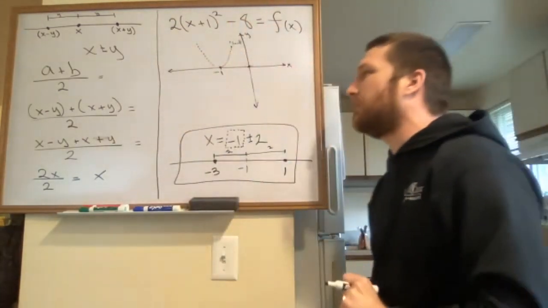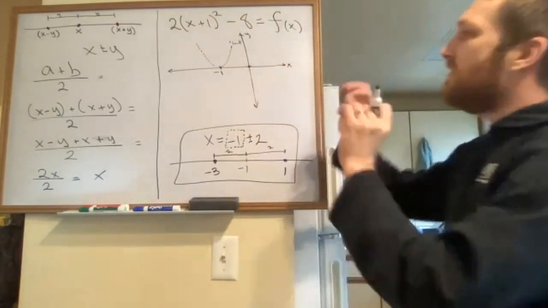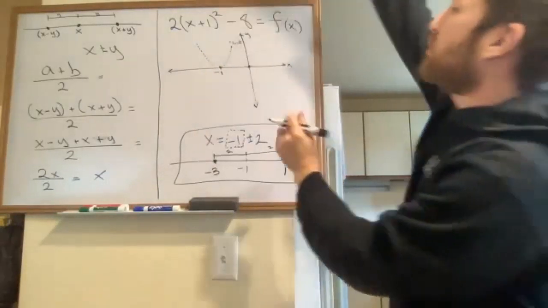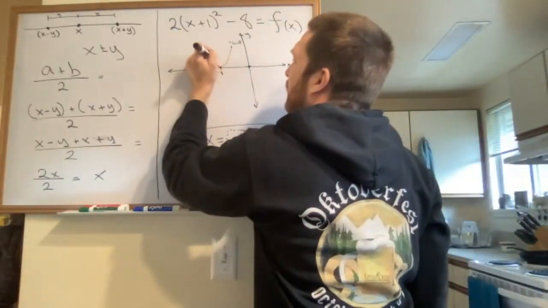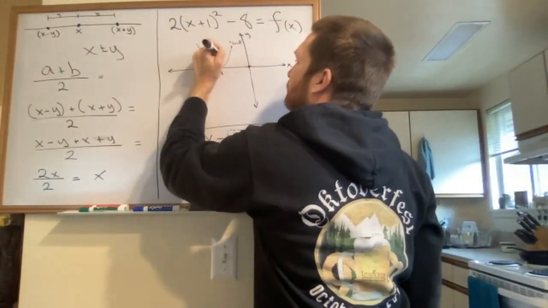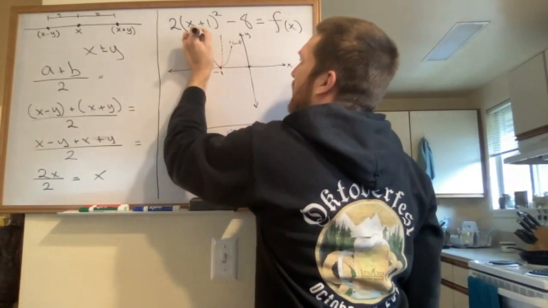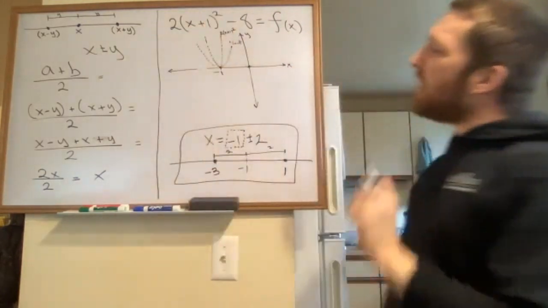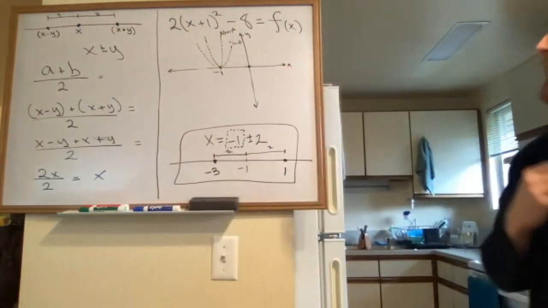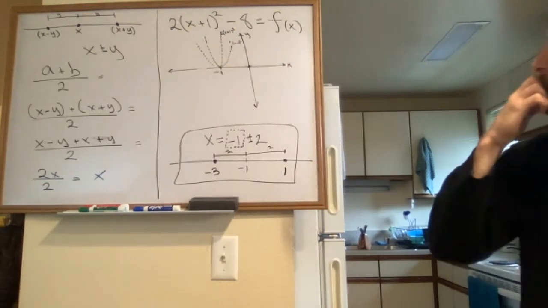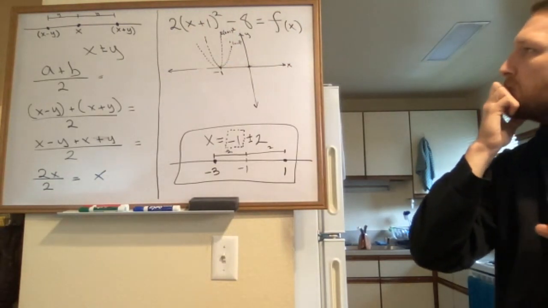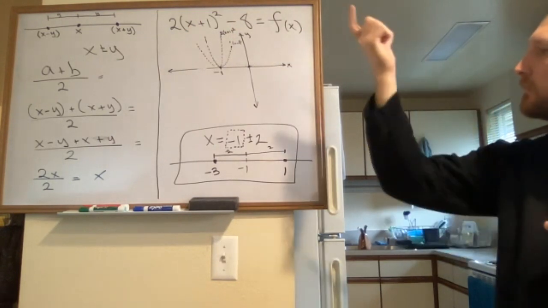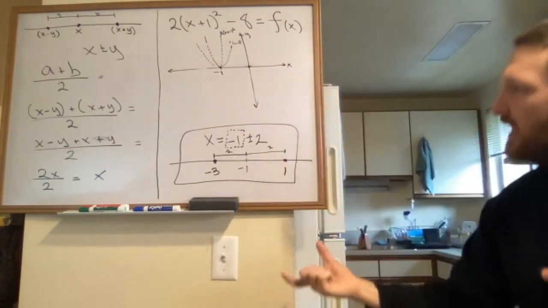So in other words, it ended up at -1. Then we multiply the outputs by 2, that's going to stretch it up like that. And that new guy that we have is 2 times x plus 1 squared. Finally, now what happens to that guy? It gets moved down 8 units.